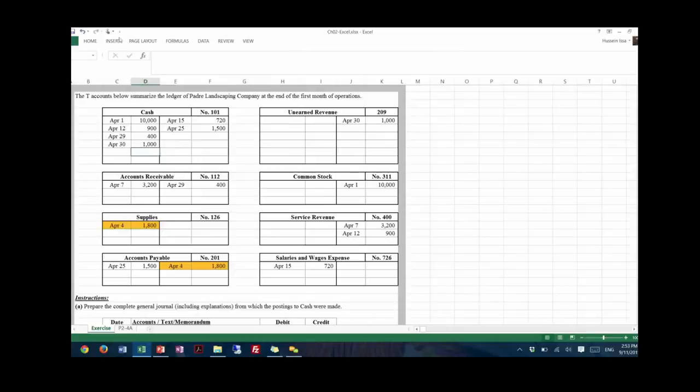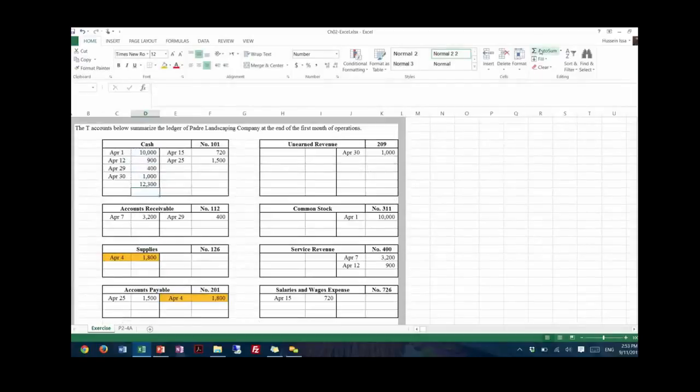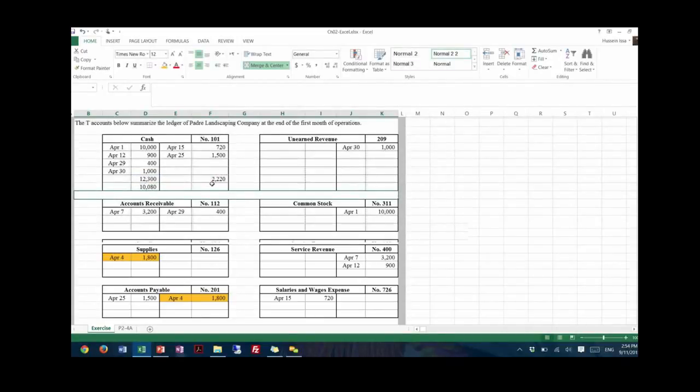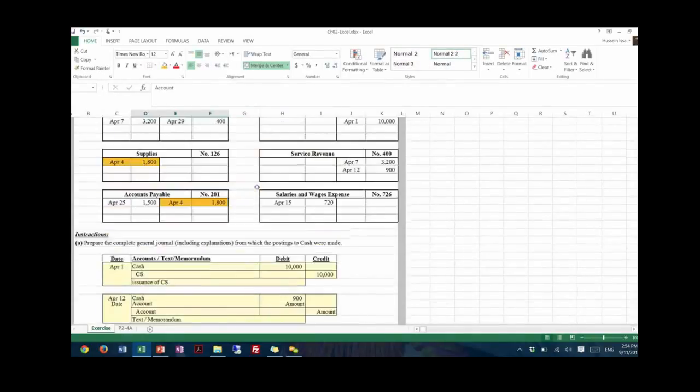Just give me 1 second. So it's 10,080, and cash is on the debit side. Next account will be what?